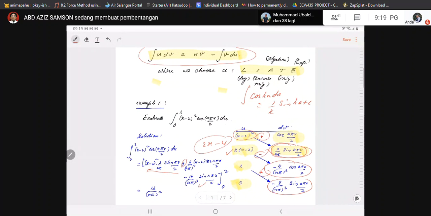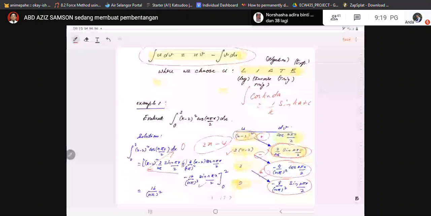In this particular case, I take a shortcut by substituting x equals 2 there. The first one there will be 0, isn't it? If you substitute x equals 2, it will be 0.